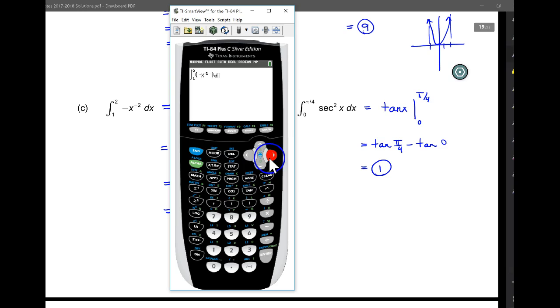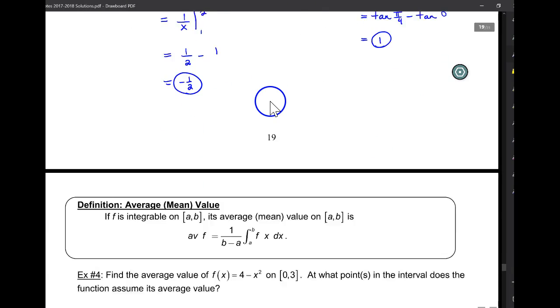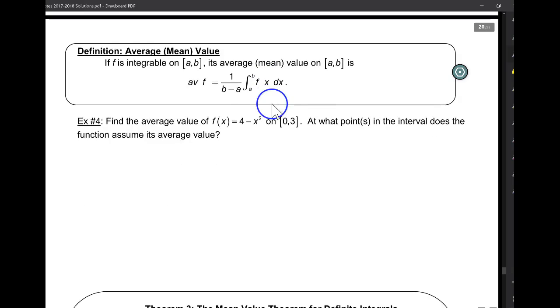And then remember, we just have to put the dx at the end. We did do this, right? I feel like we did. And we got negative 0.5. Wait, how do you get the integral? Math, 9. Yeah. And then you just type it in. Okay.